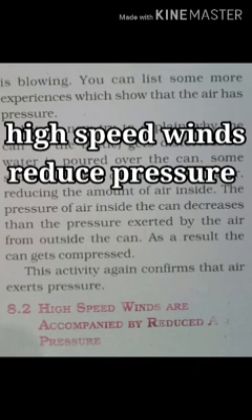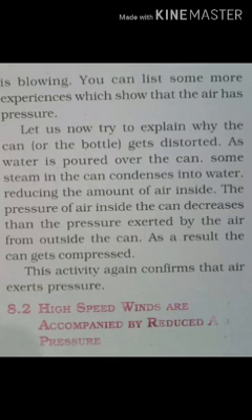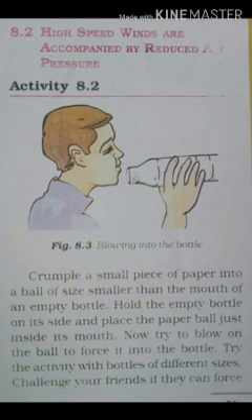What you have to do is take an empty bottle with a small mouth. If the mouth of the bottle is small, it will be easy for you to see this experiment. You have to place a small piece of chalk or crumple some small piece of paper and keep it slightly inside the mouth of that bottle.